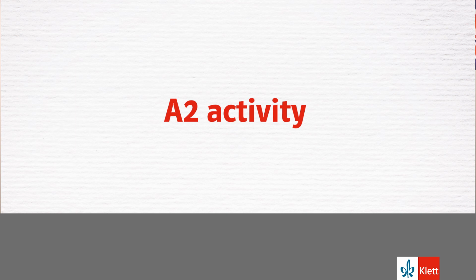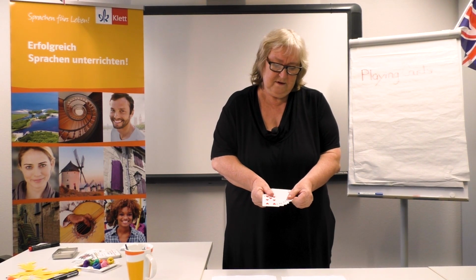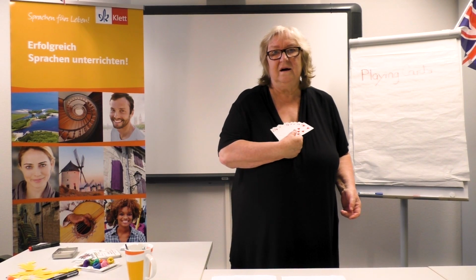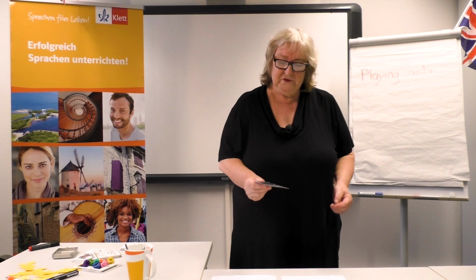Now we're going to look at an activity at the A2 level to practice tenses. Again, I've got one set of cards. I've taken the hearts here from ace, which is number 1, to 10. We don't use the picture cards.